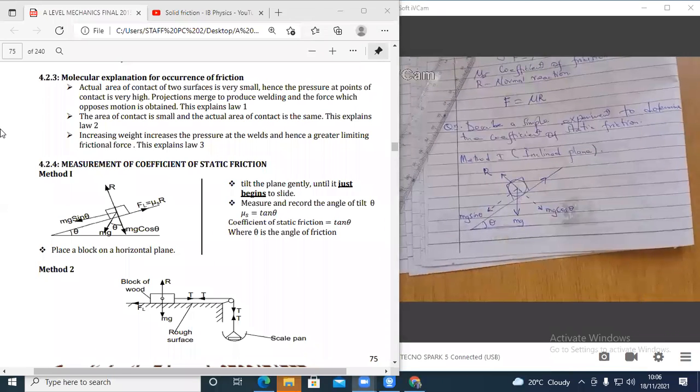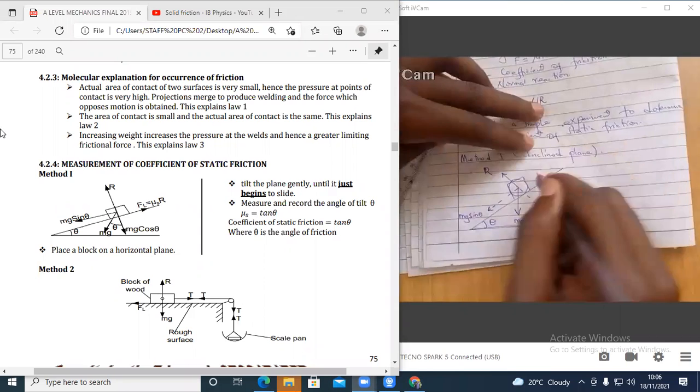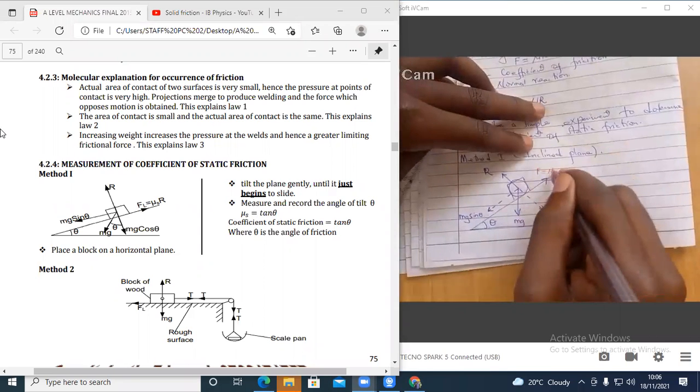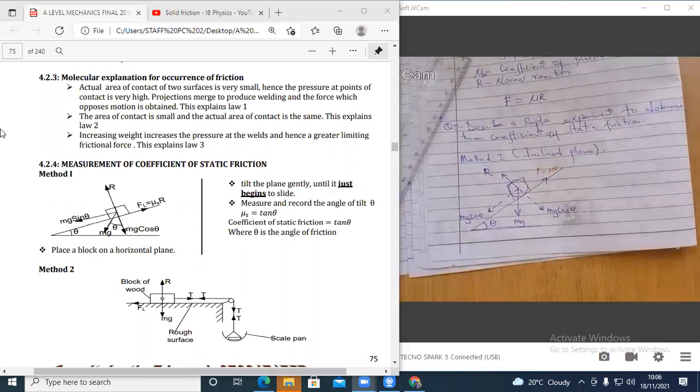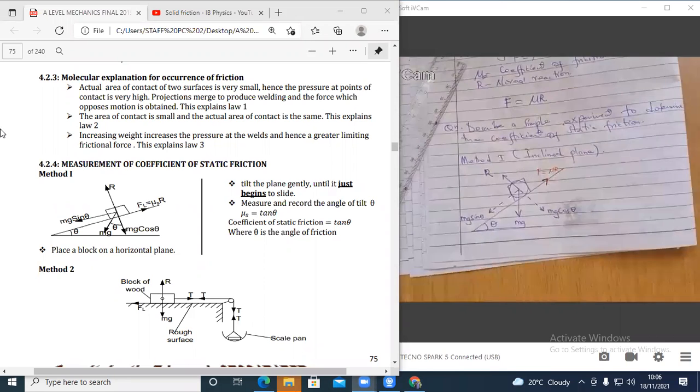So they move in opposite directions. So this is our frictional force, F equals mu R, and it must be between the surfaces. Don't put it in space. Put it on the surface.